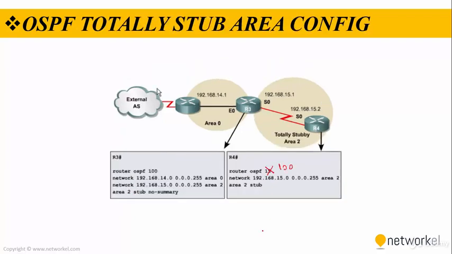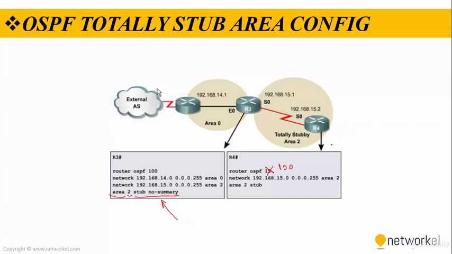And let's take a look at the OSPF totally stubby area configuration. To configure a totally stubby area on router 3, which is an ABR, we type area, the area number, and this time we type stub no-summary instead of stub.